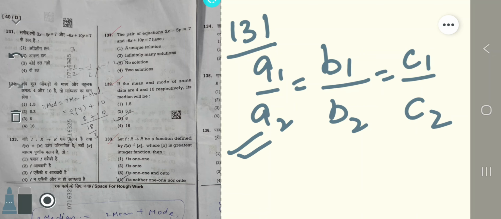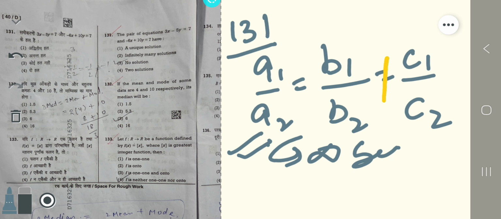If a1/a2 equals b1/b2 equals c1/c2, then we have infinitely many solutions, that is, the lines are coincident. If a1/a2 equals b1/b2 but c1/c2 is not equal, then we have no solution.